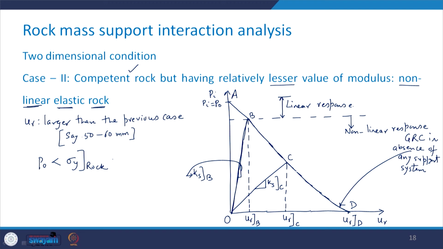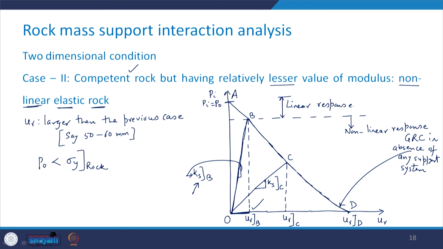So you see that if we are able to allow this much deformation to take place, then we can provide the stiffness like this. But if we want to arrest the complete deformation, the stiffness of the support system will again tend to infinity.